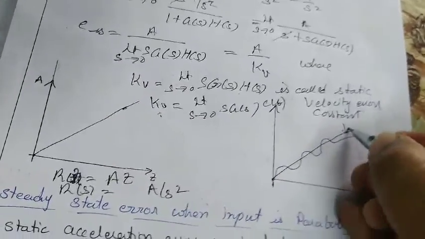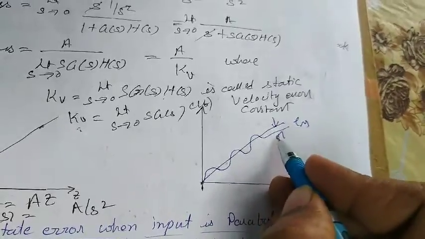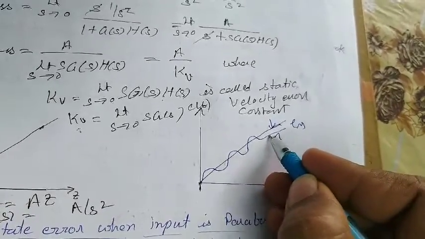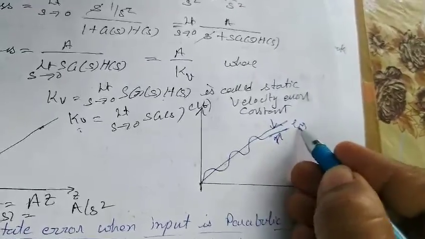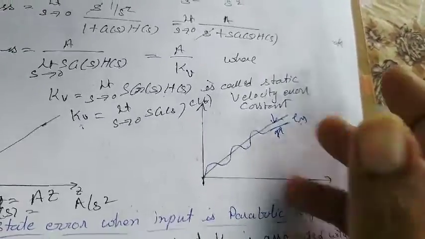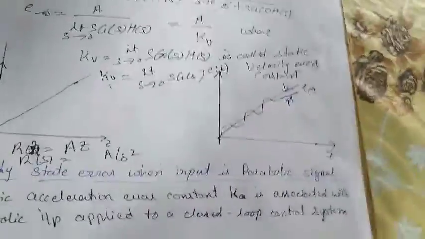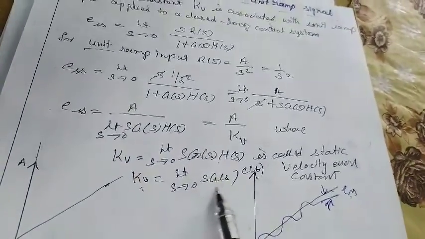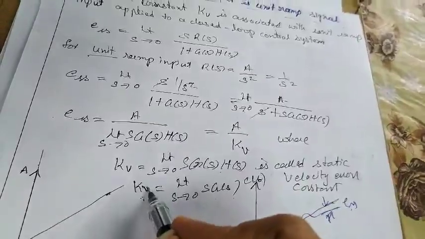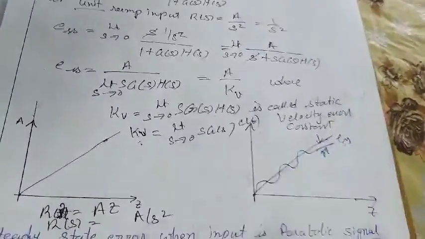This is my ESS, the steady state value. The difference between the desired value and the actual value is my steady state error ESS. So the error constant because of the ramp input is Kv, which is limit s tends to 0 of s into G(s), called the velocity error constant.